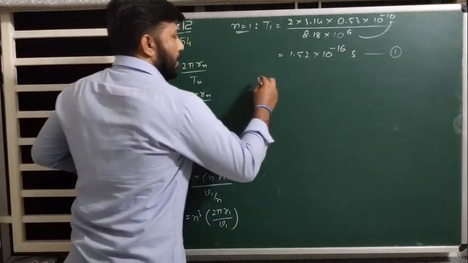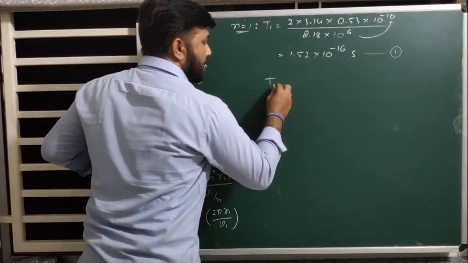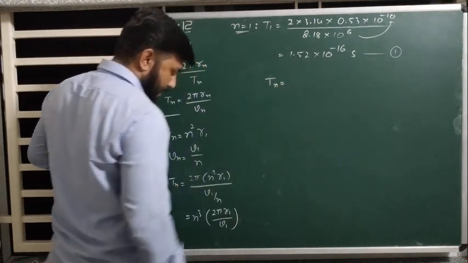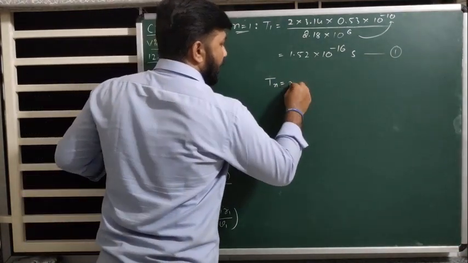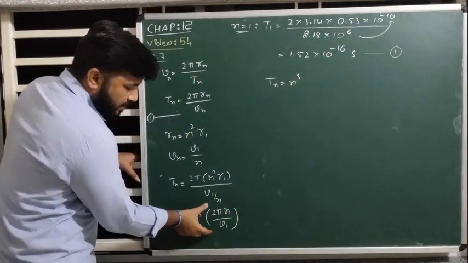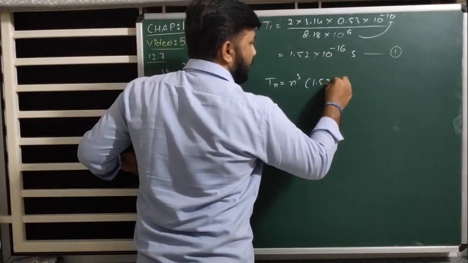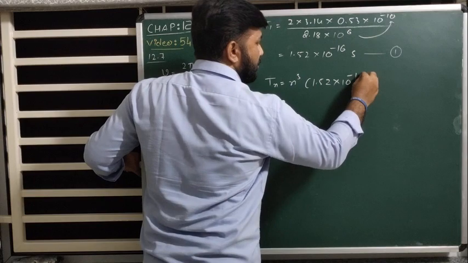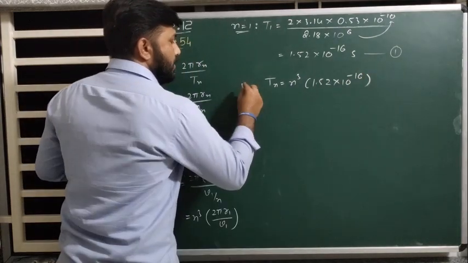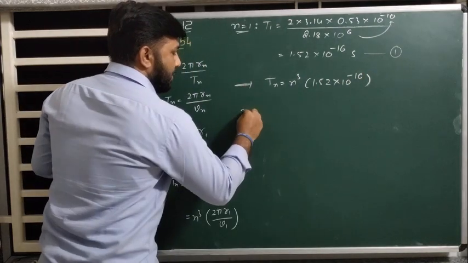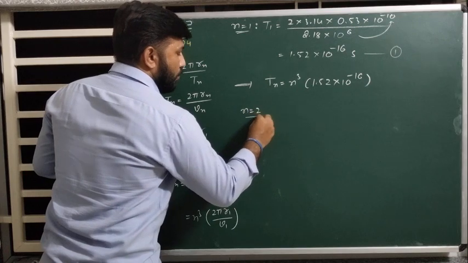So we have only one standard equation, that is Tn is equal to n cube as it is, the constant value having value 1.52 multiplied by 10 raised to minus 16 second. So in this equation put n is equal to 2.